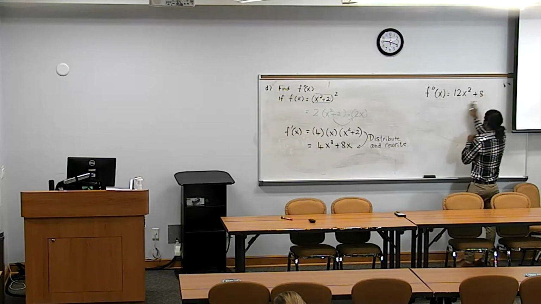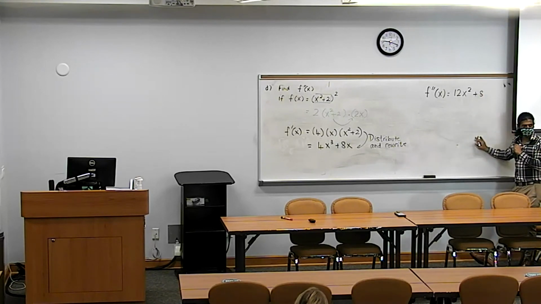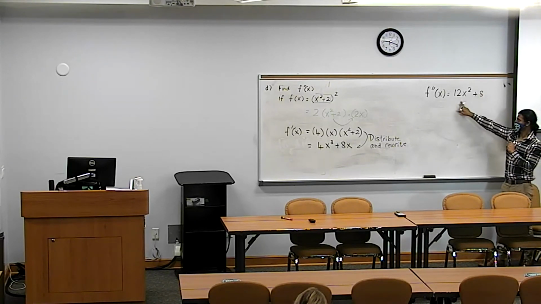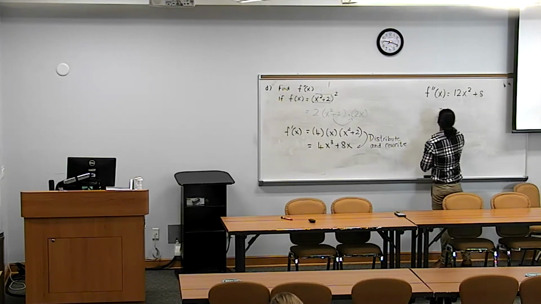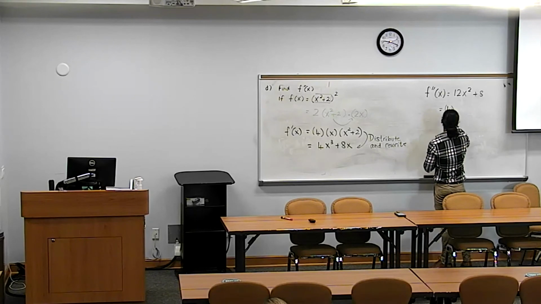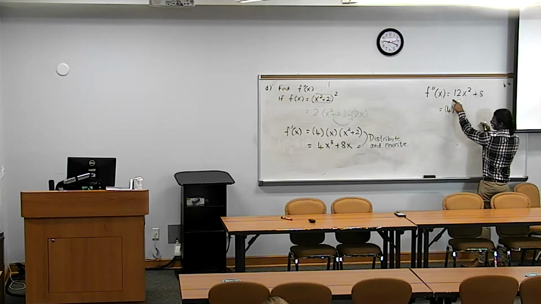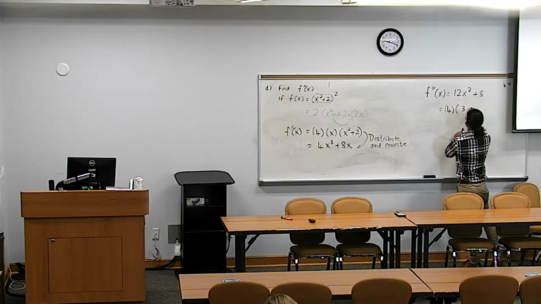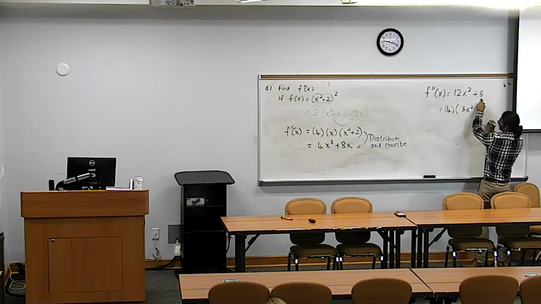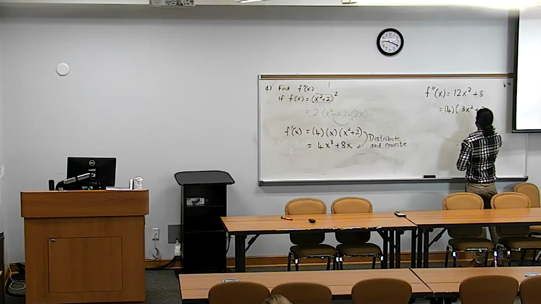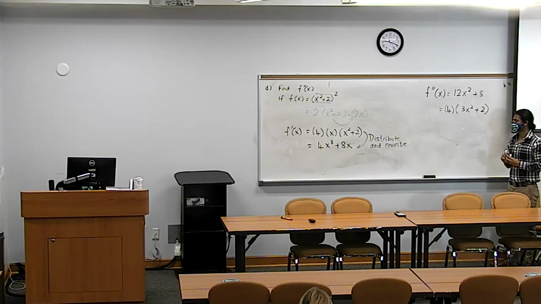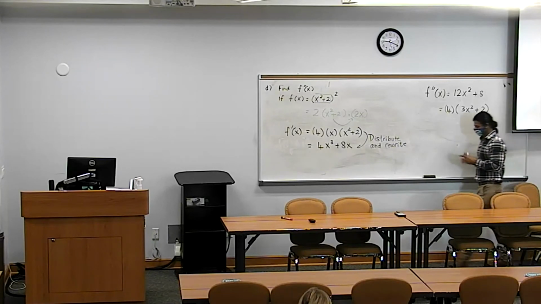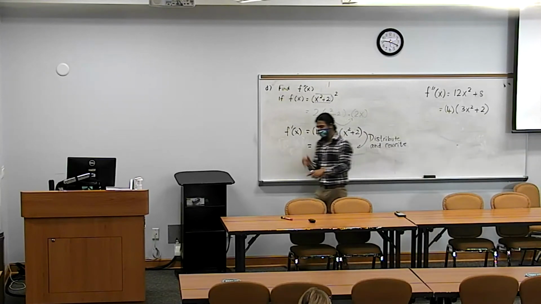Do we have a common term between the two? 12x squared and 8? 4. If 4 comes out of 12x squared, we have 3x squared. If you pull a 4 out from 8, you'd have 2. And that is the answer. Now, do you believe that it would have been this simple had you used product rule?